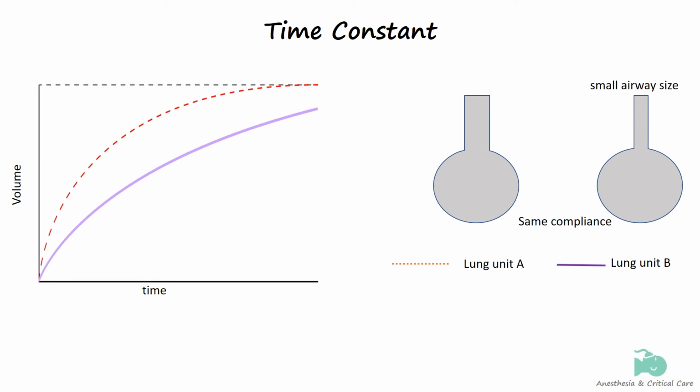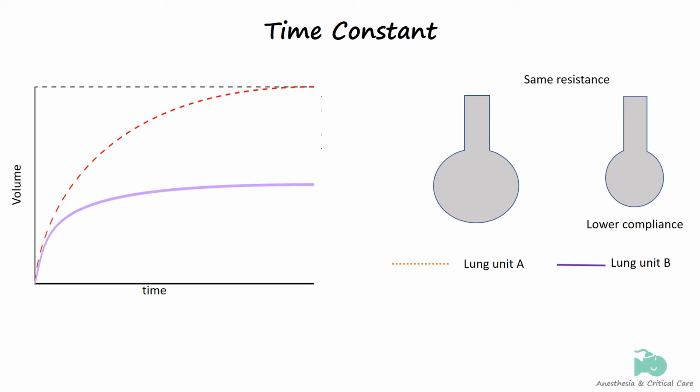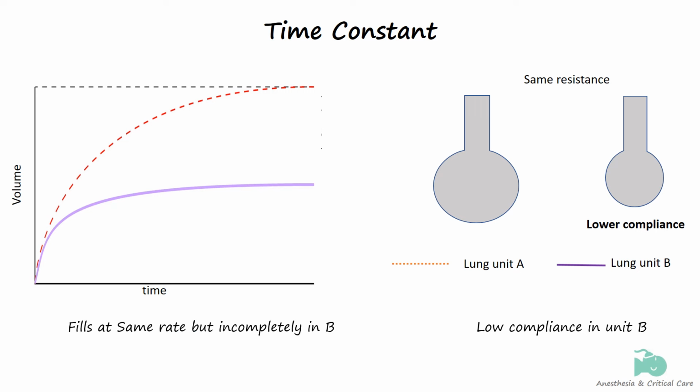lung unit B has a narrow airway which offers more resistance to the air flow. So, it takes longer to fill. Here, lung unit B has lower compliance than unit A, therefore it fills up at the same time as unit A but incompletely. This is because lung unit B has the reduced ability to stretch or distend.